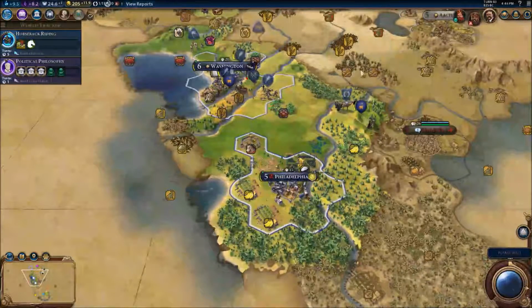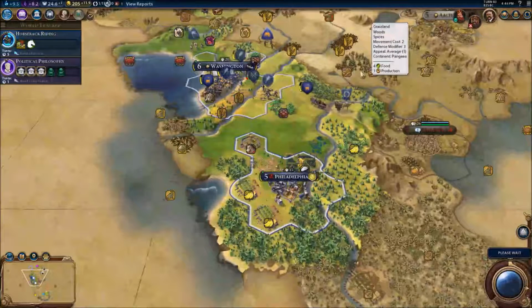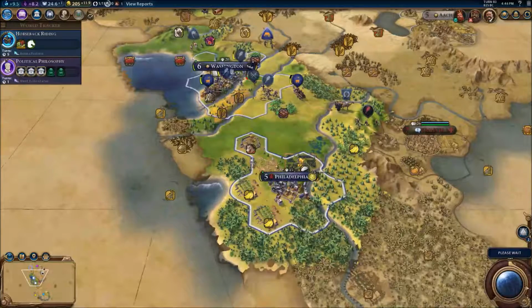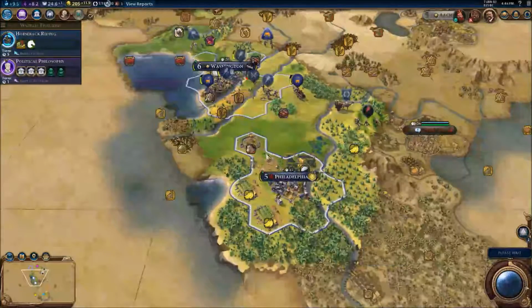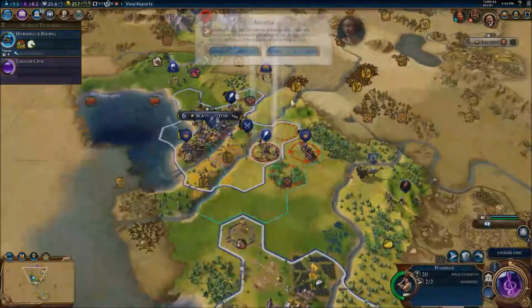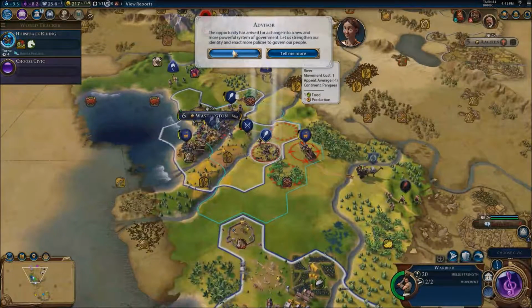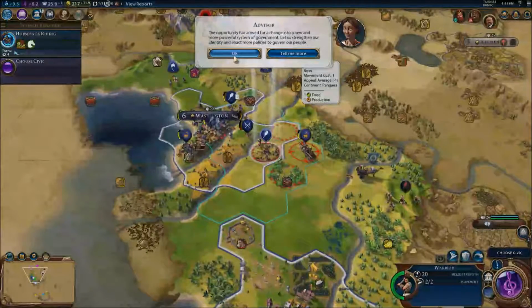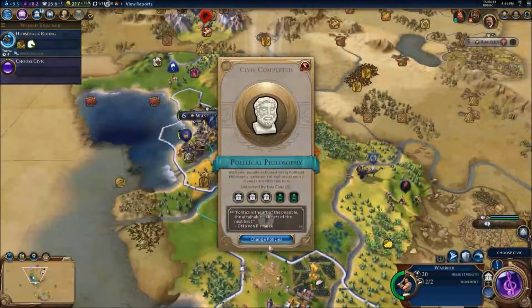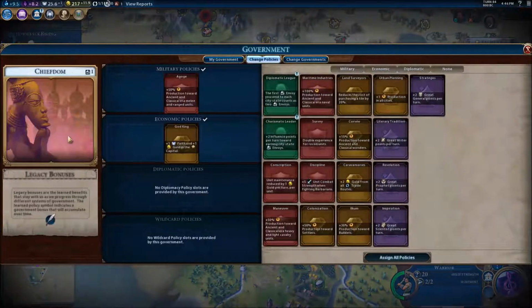So Sumeria is really grinding my gears here. Alright, let's do a quick time check. Okay, so we're going to have to leave this here. We're already in the middle of the Sumerian war. The opportunity has arrived for a change into a new and more powerful system of government. Politics is the art of the possible. Alright, so that's what we're going to do.